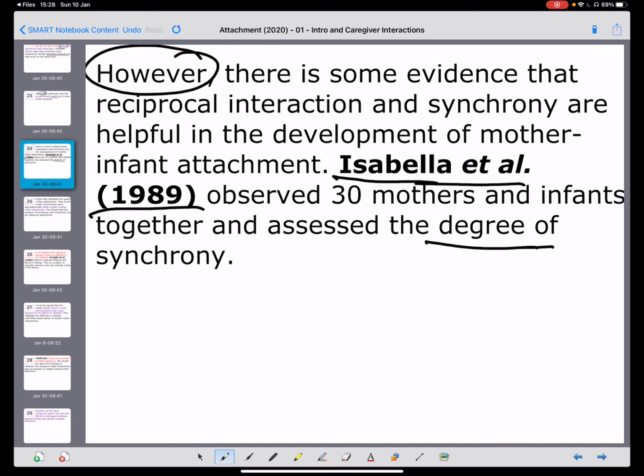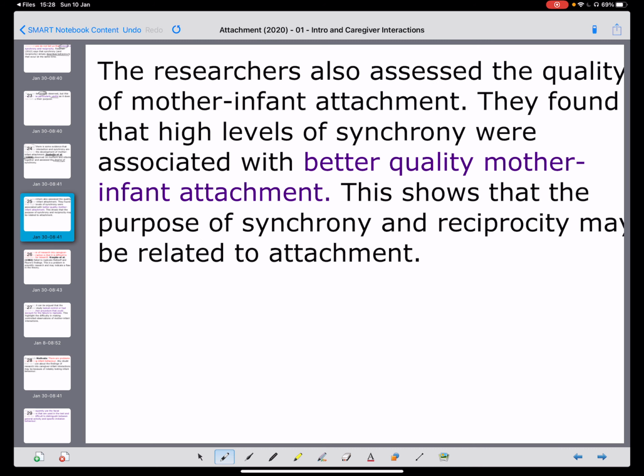And what was interesting was that she discovered that the quality of the first attachment was linked to the quality of the synchrony. So it says here they found that high levels of synchrony were associated with better quality mother-infant interaction. So maybe even though we don't know the purpose of it, we can see how potentially the more attentive, the more in sync somebody is, the more likely they are to have a strong attachment.